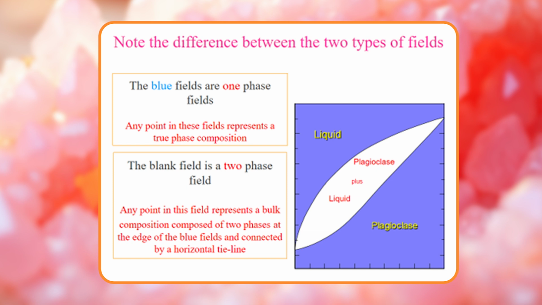The blue fields are one phase fields, that is liquid on the top and plagioclase on the bottom. Any point in these fields represents a single phase composition. The blank field is a two-phase field. Any point in this field represents a bulk composition composed of two phases at the edge of the fields and connected by a horizontal line.